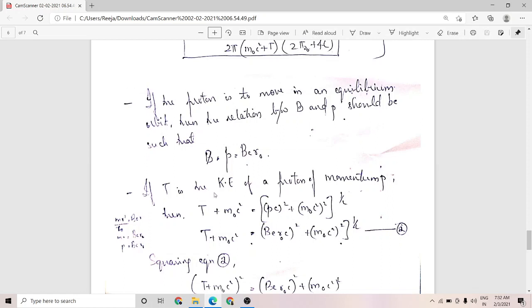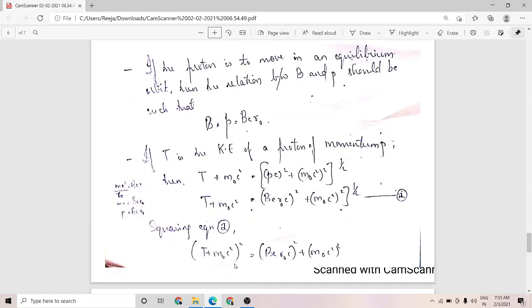If T is the kinetic energy of the proton of momentum P, then T plus m0 c square is equal to the square root of Pc square plus the rest mass energy m0 c square, the whole square. So T plus m0 c square is equal to the root of Be r0 c square plus m0 c square square.